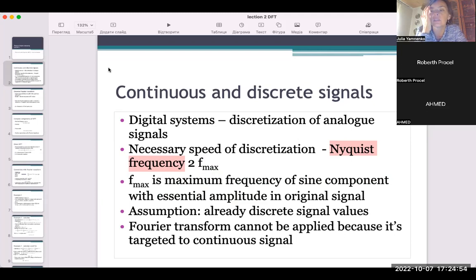A discrete signal means just a sequence of discrete values. It could be formed like a horizontal row vector, or a vertical column vector, or just a sequence written through commas and so on.